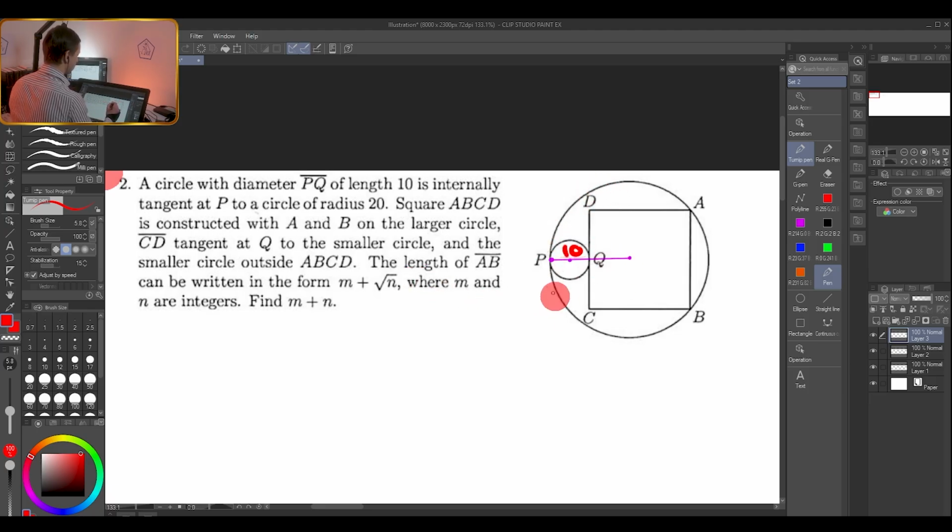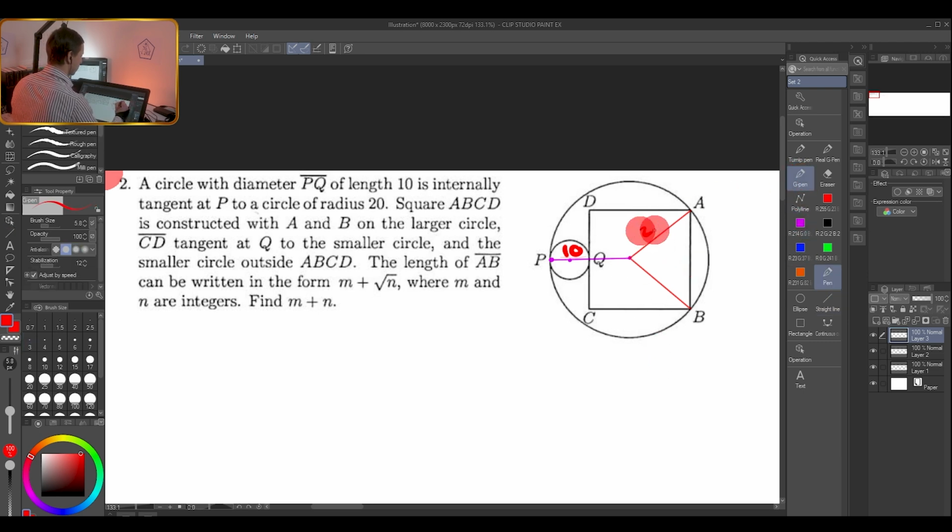So this big circle has a radius 20, and we already marked the center of the big circle, so it means that we should maybe draw some radius here. Well, we should connect this point to the point at the border of the circle. So basically we need to connect maybe like this one, it is 20, or this one is also 20.